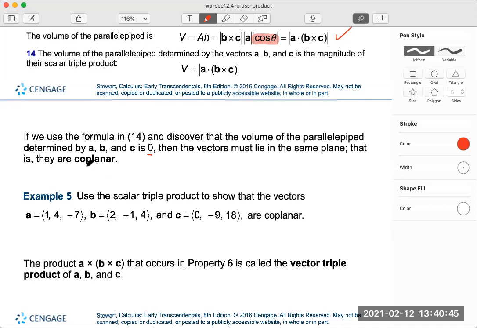Or we call it coplanar. When vector A, B, and C sit on the same plane, okay? For example, show that these vectors are coplanar. Or in other words, show that they are at the same plane, okay?